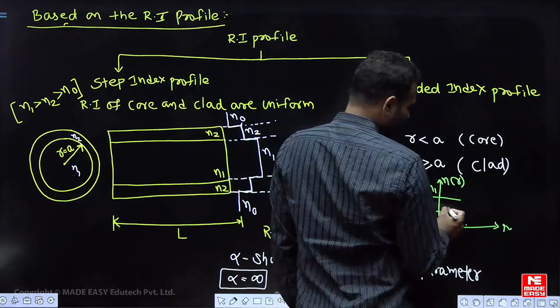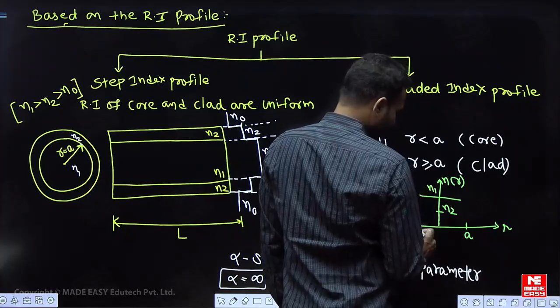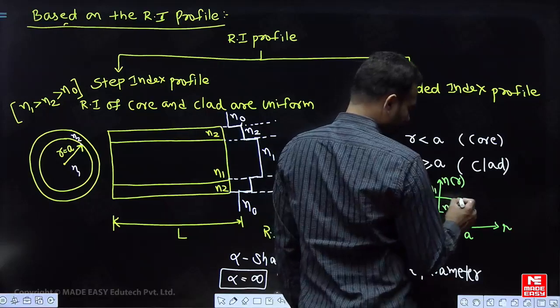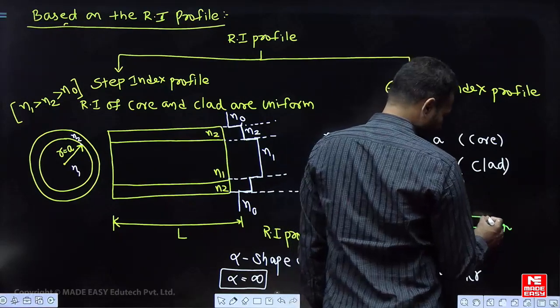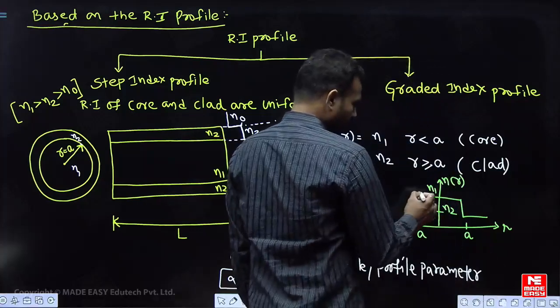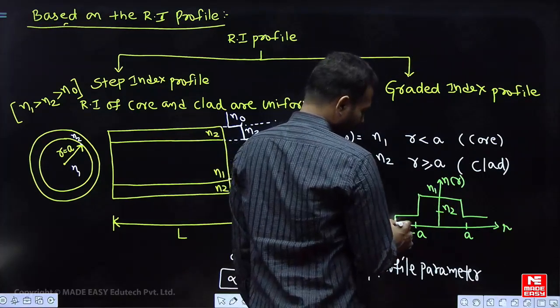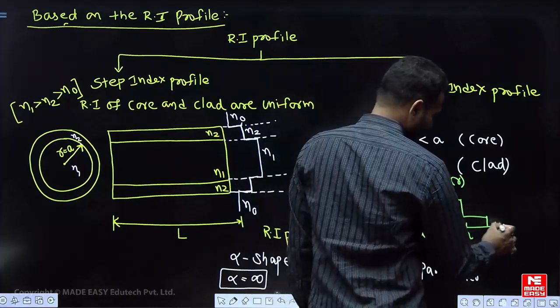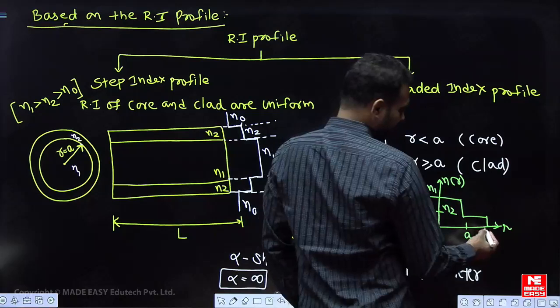So when R value is up to A and up to minus A, you find out like this. When R is greater than A, then that is going to be equal to that of the cladding, and the profile looks like this. This is for some amount of length, because R cannot be infinite, it is a finite value.